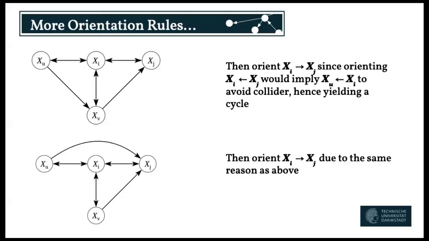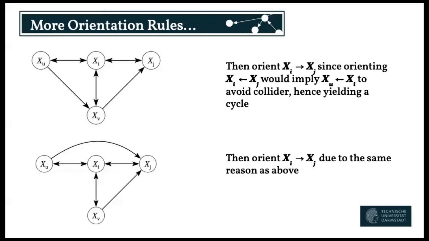Why is this the case? Simply because if we did it the other way around, then in order to avoid a collider on xi, we would also have to orient this edge in the direction of xu, which in the end would induce a cycle, which is a contradiction to our assumption.